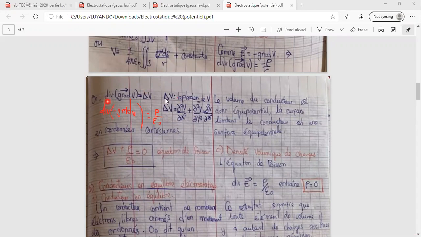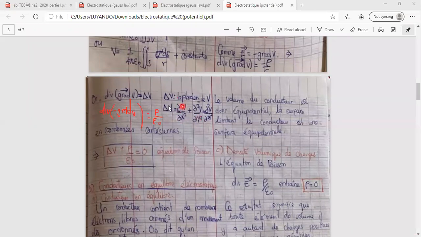This is another formula with which we can find our V if we're given the divergence of the gradient. So the Laplacian of V is equal to this. The Laplacian of V is equal to the partial differentiation squared of V, in Cartesian coordinates.